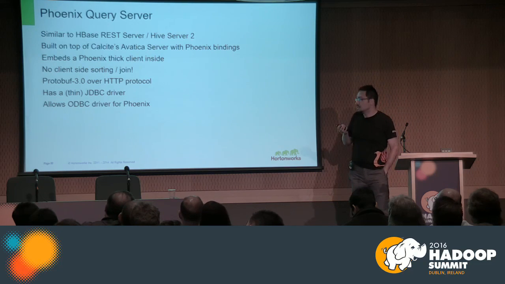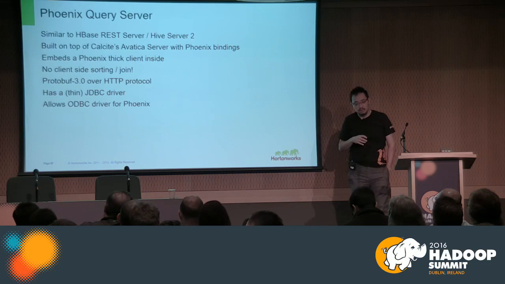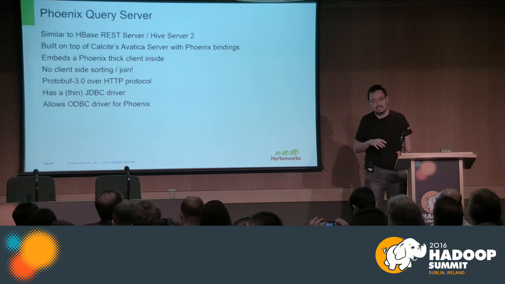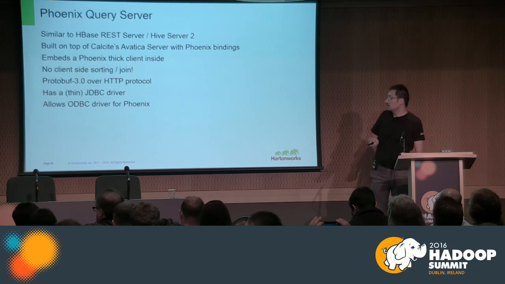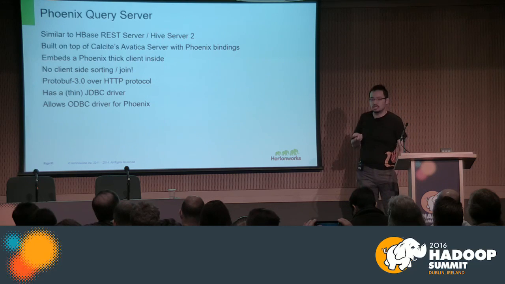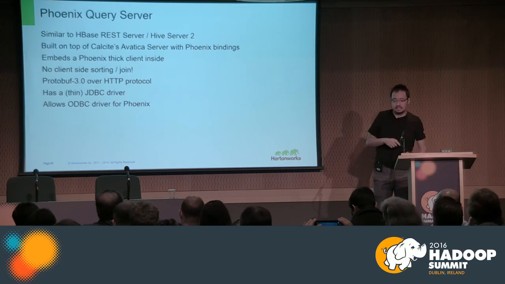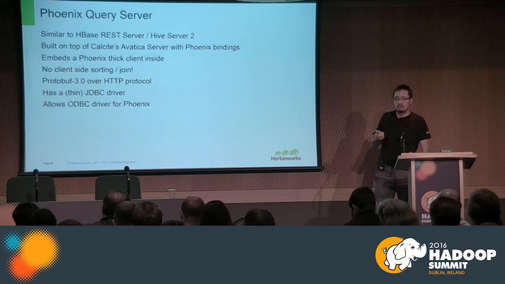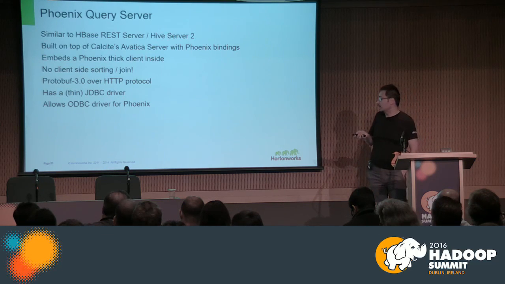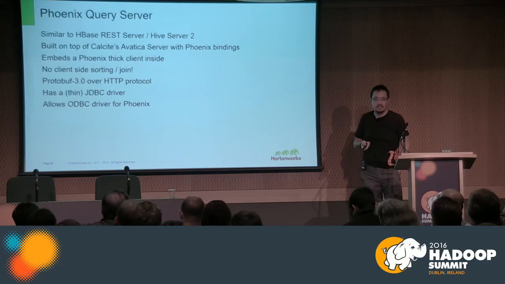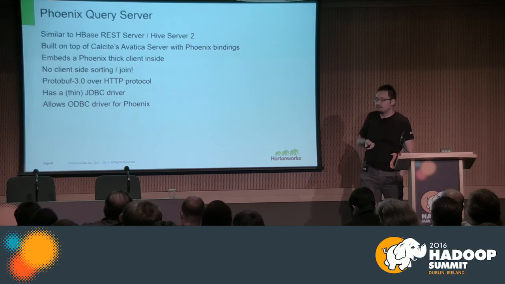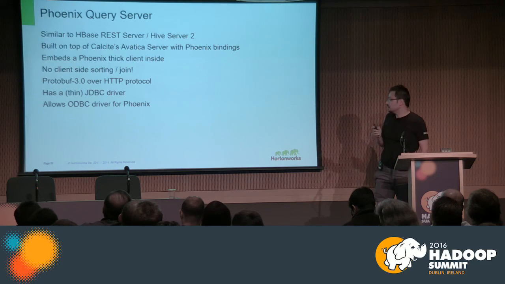The good thing about the Phoenix Query Server is that there's no client-side sorting or joins if you are using the Phoenix Query Server client. The protocol is protobuf 3 over HTTP, and it has a thin JDBC client that's different from the regular Phoenix client. It also allows an ODBC driver for Phoenix in the future.